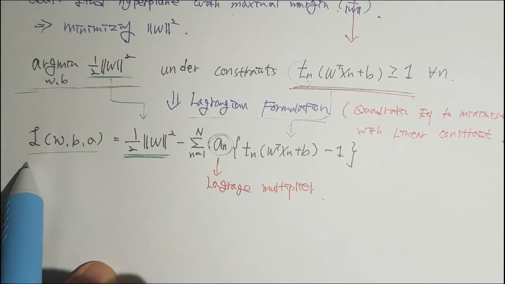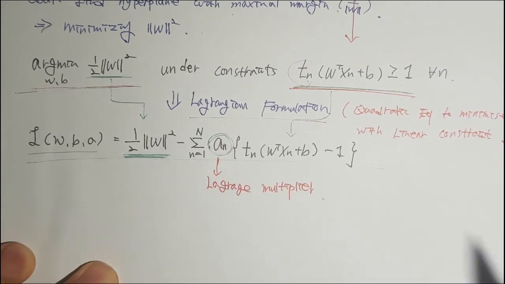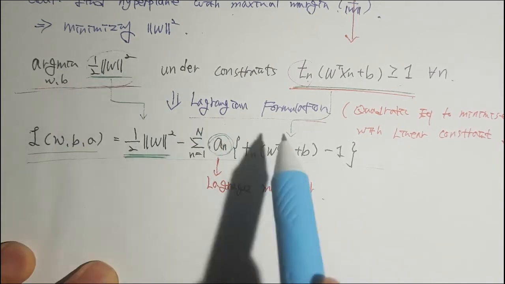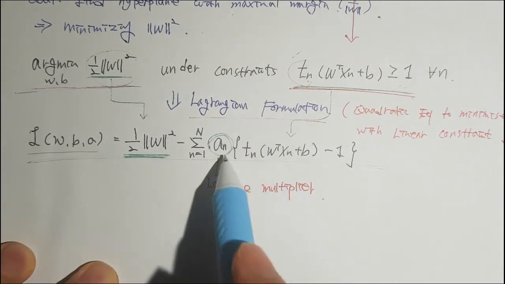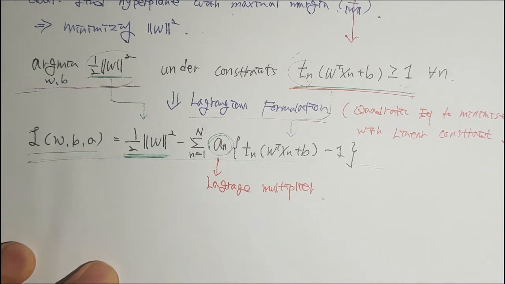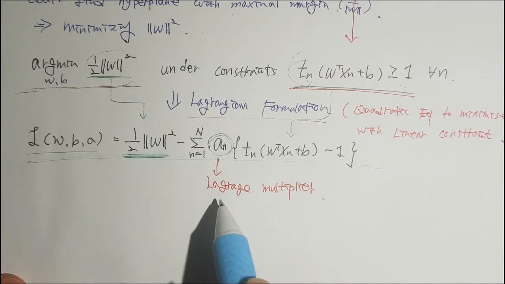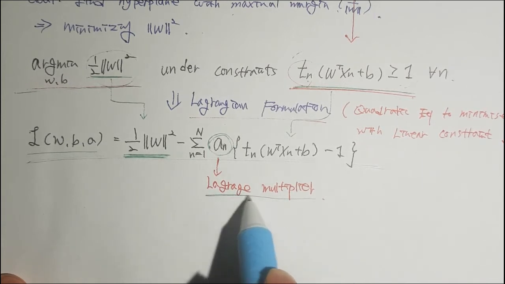So this one equation can represent our objective function with our constraint. So one equation can involve these two. If you need more insight about the Lagrange multiplier, there are some more YouTube videos, and it will be really helpful to understand better.